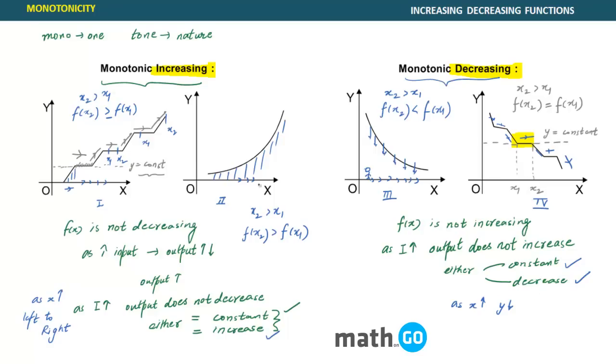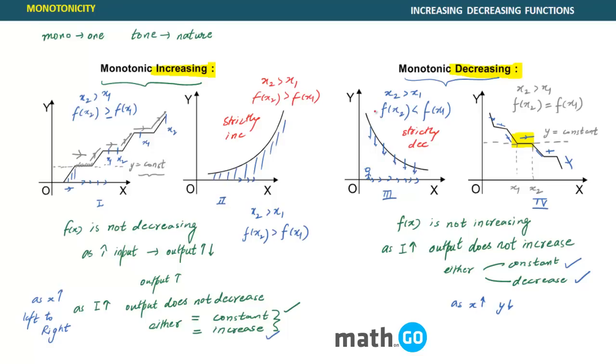If I talk about these two specific cases, the second and the third diagram, I will call this strictly increasing, and I call this strictly decreasing. Why strictly? Because here they are never equal. As x2 is greater than x1, I know for sure that the value of the function will also be greater at this point.